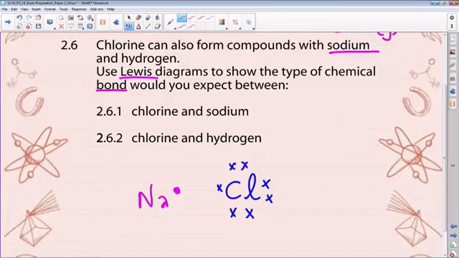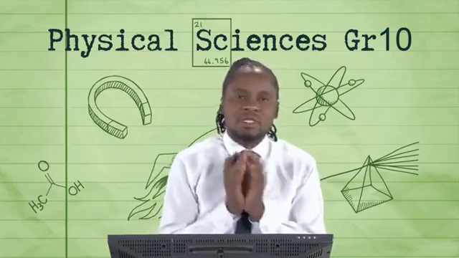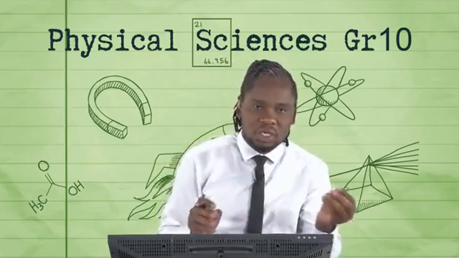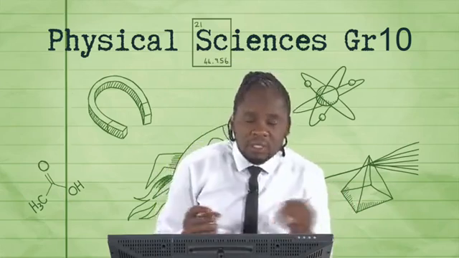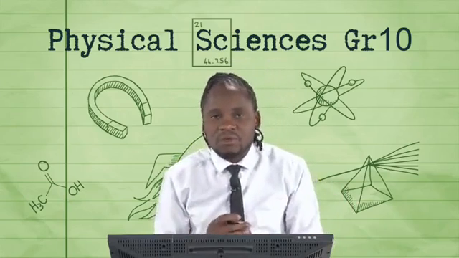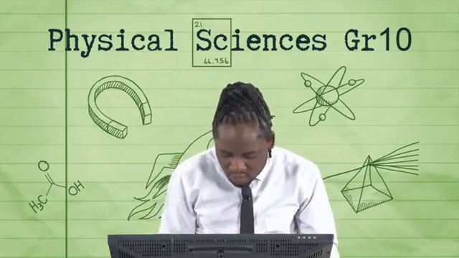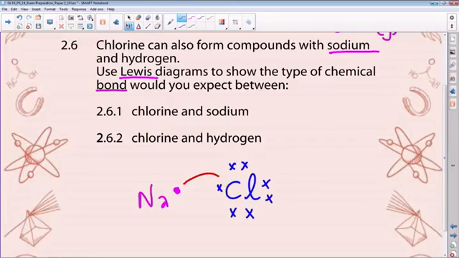So this leaves us with the fact that sodium, which is a metal, must lose an electron to form a cation, and then chlorine must gain an electron to form an anion. So if this electron is transferred there, what are we going to have? We will have this extra electron there.